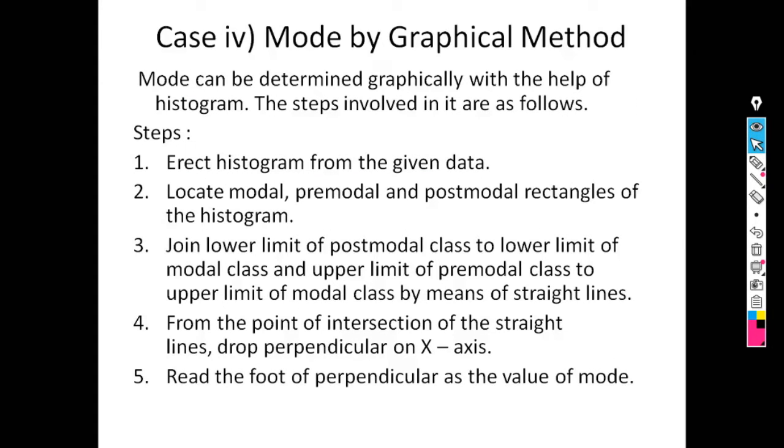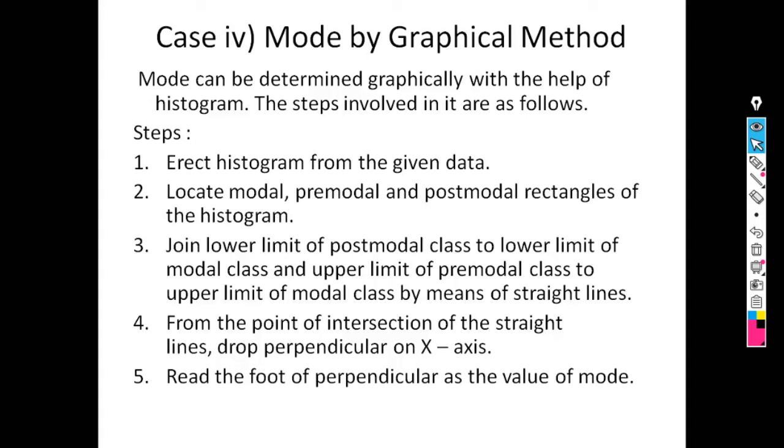Now our next topic is mode by graphical method. Until now we saw how to determine mode for individual observations, for grouped frequency distribution and for ungrouped frequency distribution. Now we will see how to determine mode by graphical method.